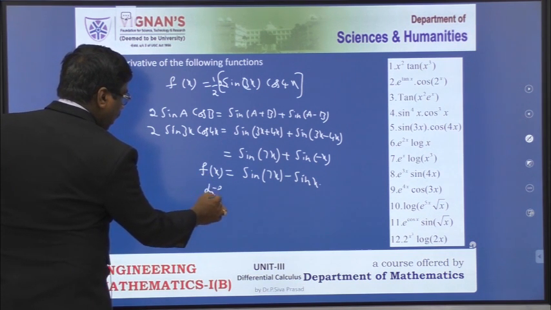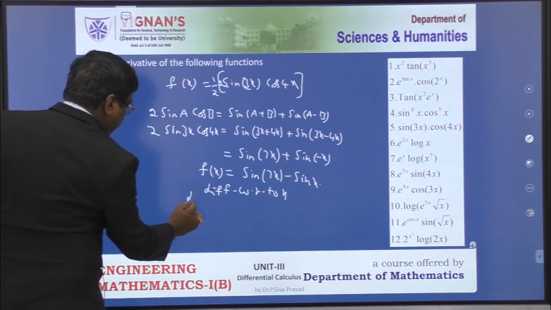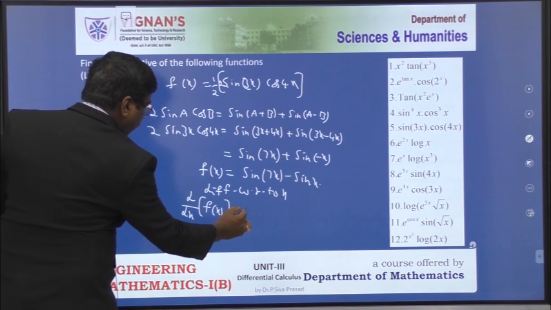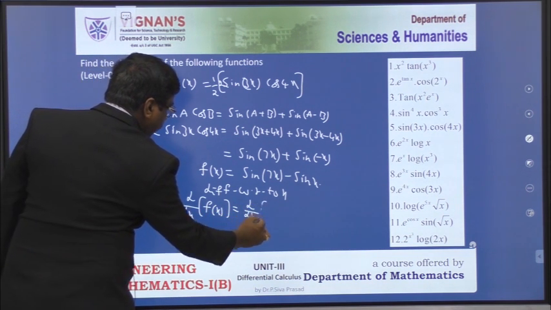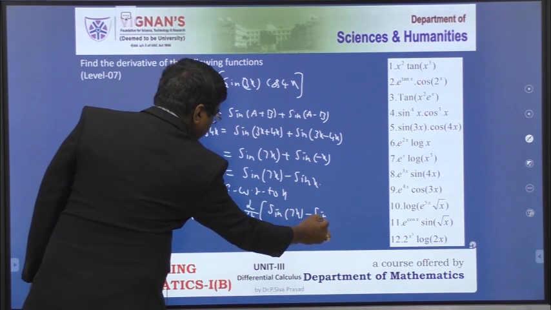Now differentiate with respect to x on both sides. Therefore d by dx of f of x is equal to d by dx of sin of 7x minus sin x.